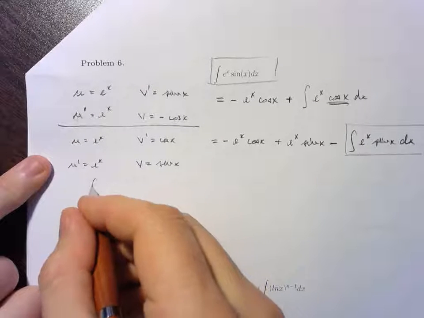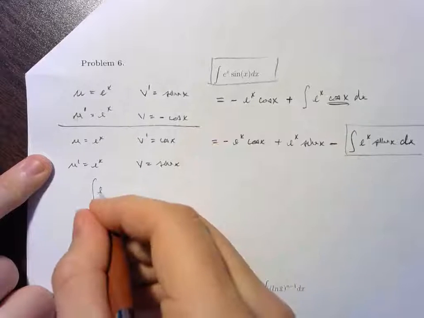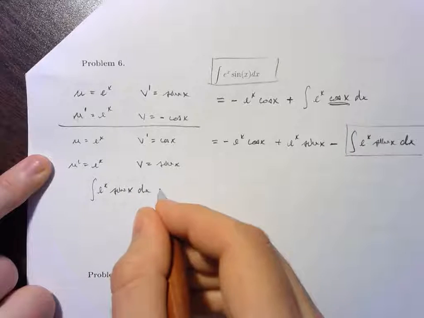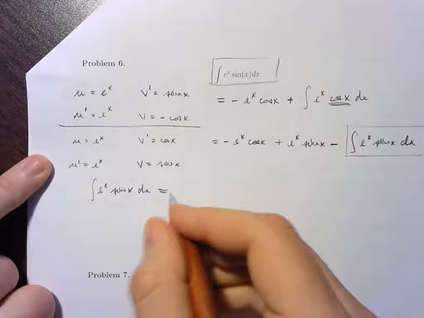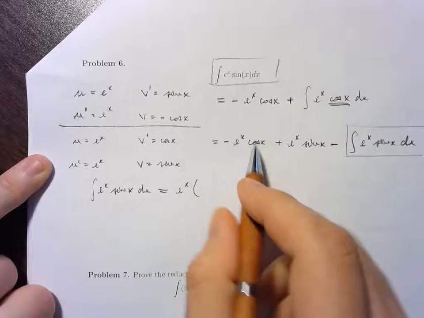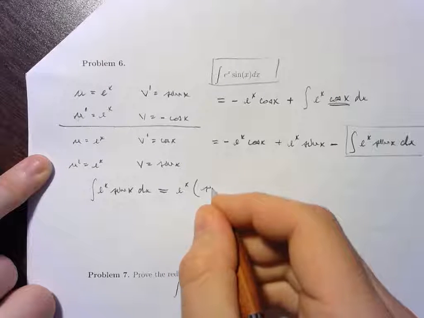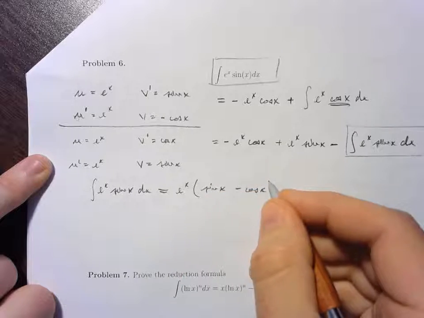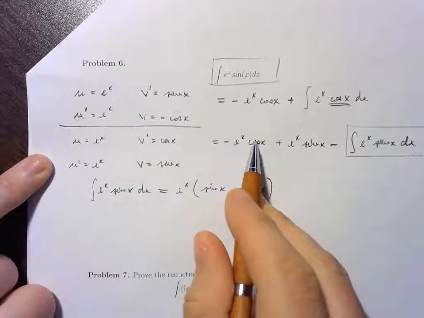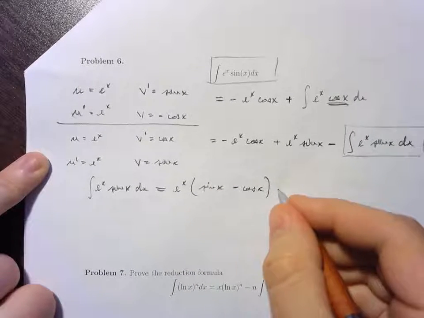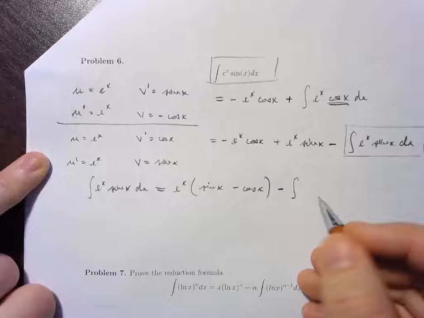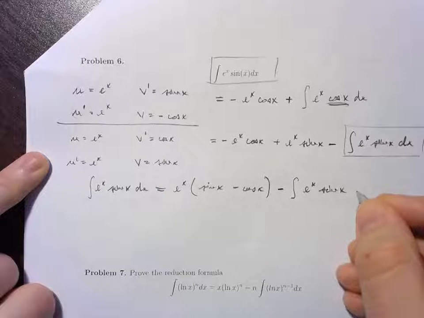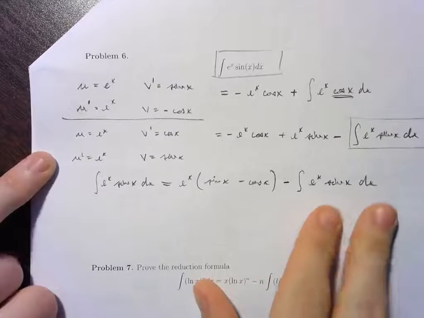We have whatever we started with, the integral of e to the x sine of x with respect to x, and we showed that this is equal to, let me factor out e to the x from here, e to the x times sine of x minus cosine of x once I factor that out. The cosine is the negative one, and then again I have minus the integral that I started with, e to the x sine of x dx.